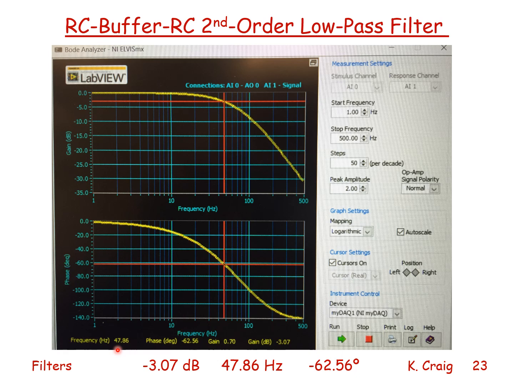It's at a higher frequency, 47.86 hertz, and the phase angle is different than the RC-RC circuit. And I've noted that right here. The point we should make is that in both cases, we can predict the response that we will measure from the analysis that we did. So as I've emphasized all along, we need to model, analyze, and predict before we measure, so that when we measure, we can determine if our measurements are correct and they agree with our analysis.